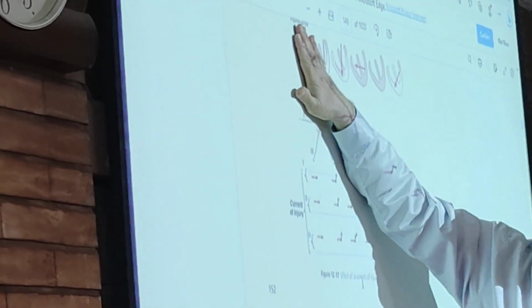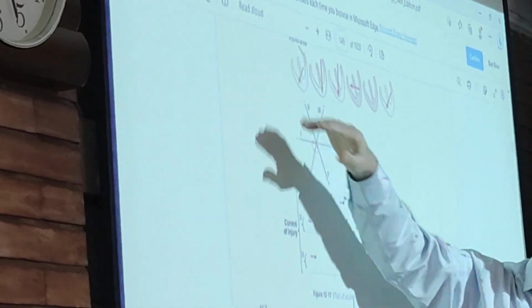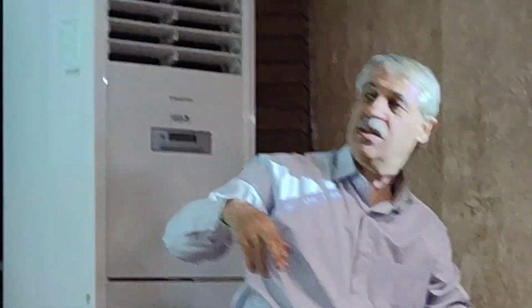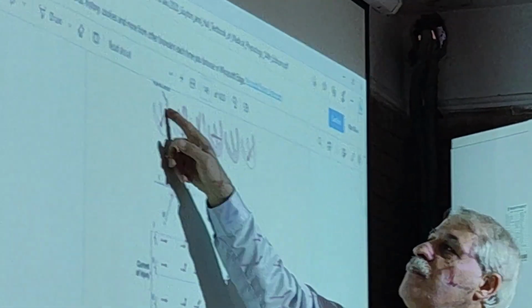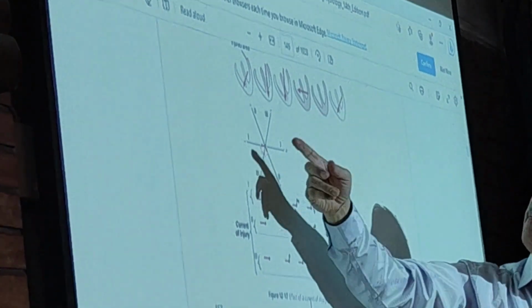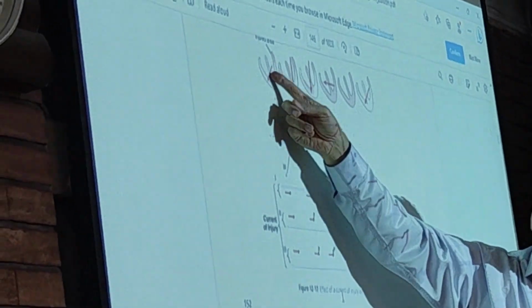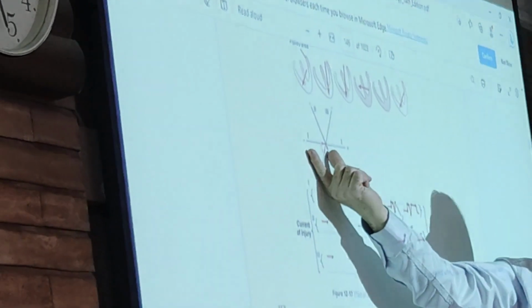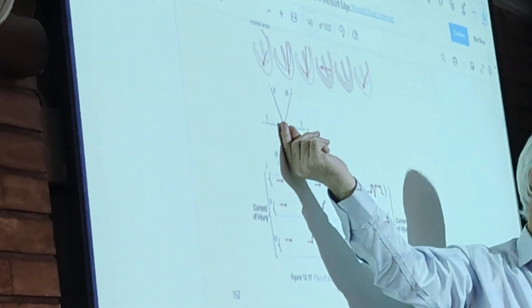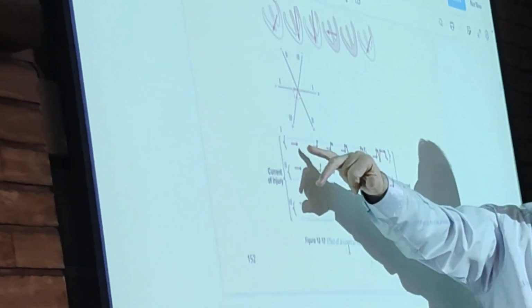The rest is positive. So the vector would start from the negative and be directed to the positive. See, the vector is directed to the negative part of lead 1. So you have a negative deflection in limb lead 1.